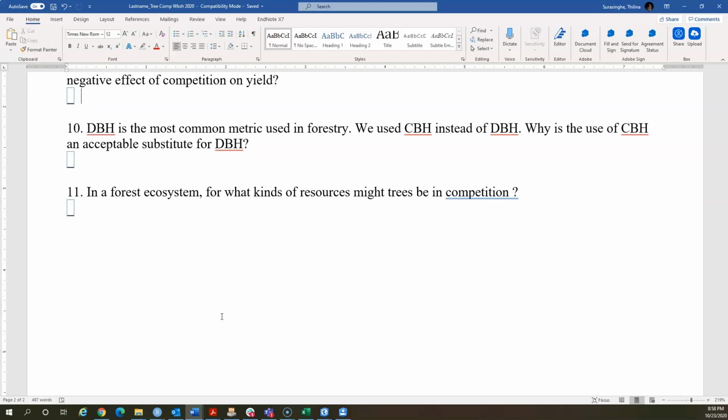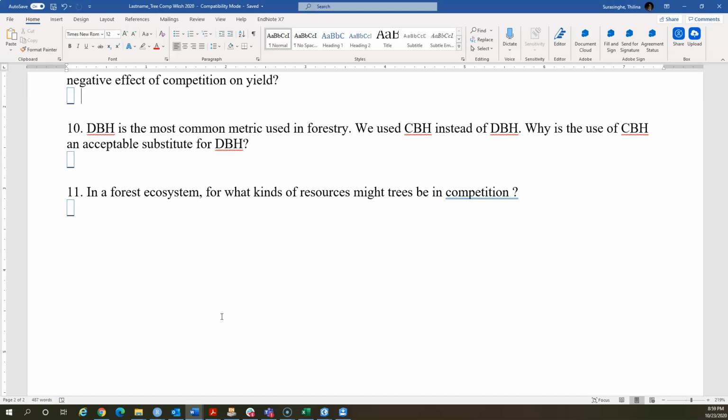What do trees do? They photosynthesize. Okay, what do you require for photosynthesis? Carbon dioxide, water, sunlight. Well, I can hardly imagine trees competing for carbon dioxide, because most of the carbon dioxide they use for photosynthesis is the respiratory carbon dioxide. So no, carbon dioxide is not a problem. They won't compete for carbon dioxide.